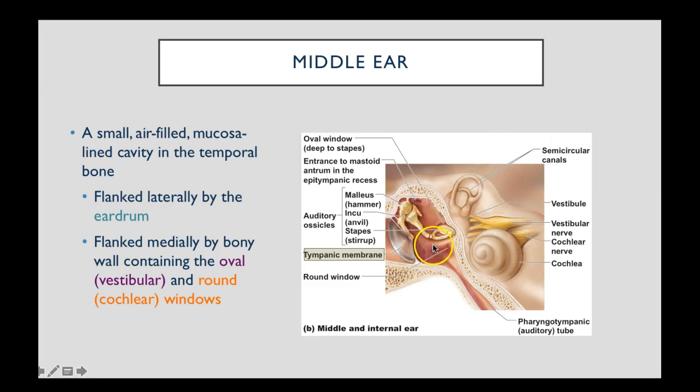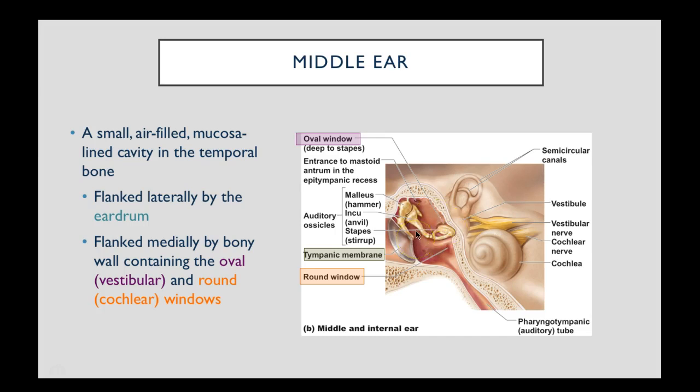We should have no fluid in here unless there's some type of pathology taking place, but the walls in here are lined with mucosa, and below that mucosa is our temporal bone. We have our eardrum on the external portion, and then as we move more internal, we are going to see an oval structure, which we are going to call the oval window.